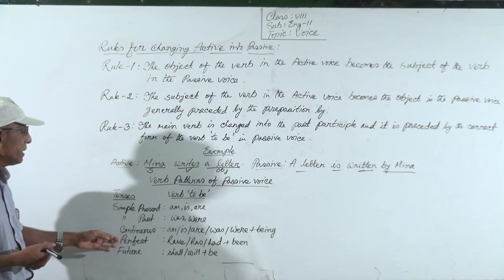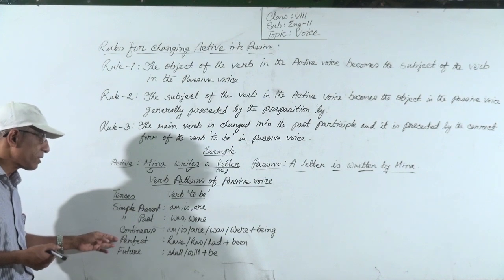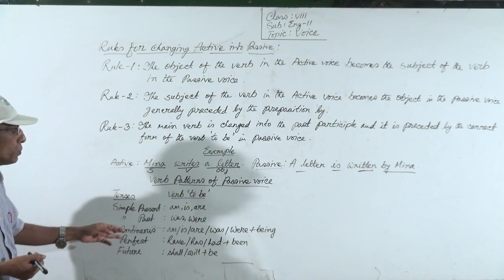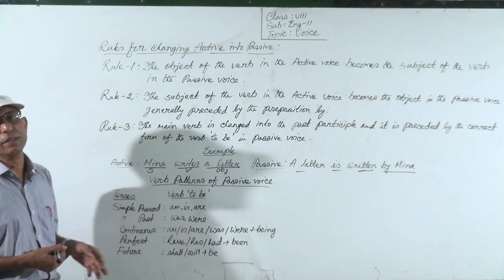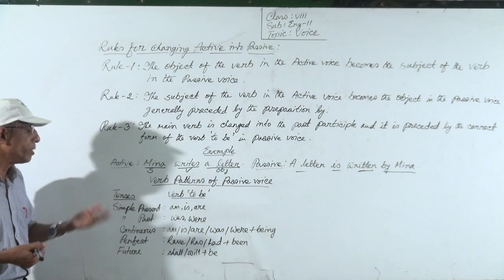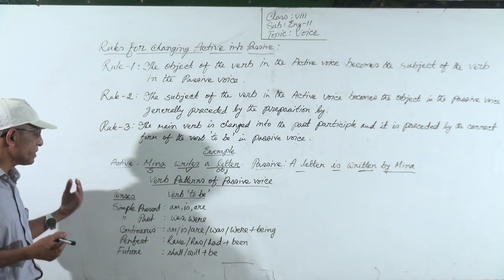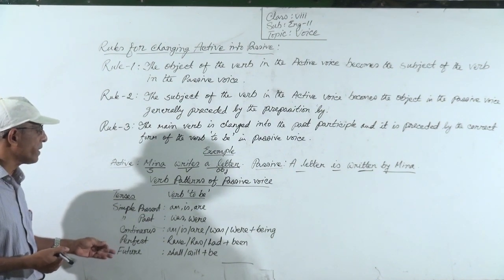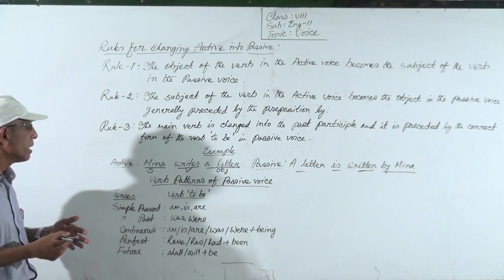Okay? If we see the active voice is perfect tense, either present perfect or past perfect, then you have to use have, has or had plus been as the to be verb. If the active voice is present perfect, then we have to use have or has plus been.